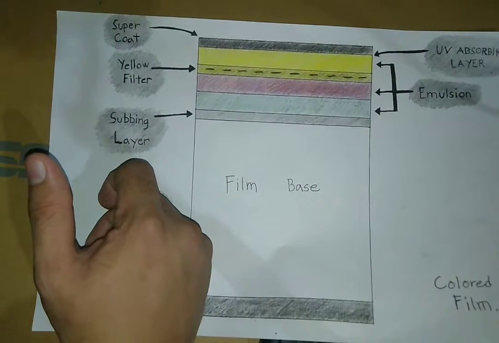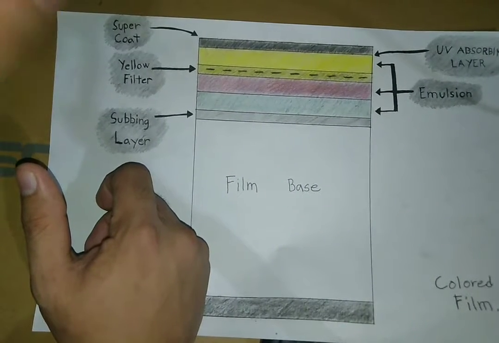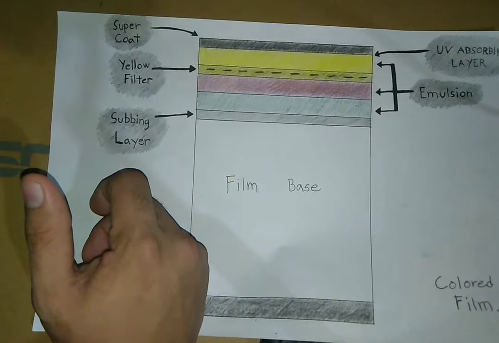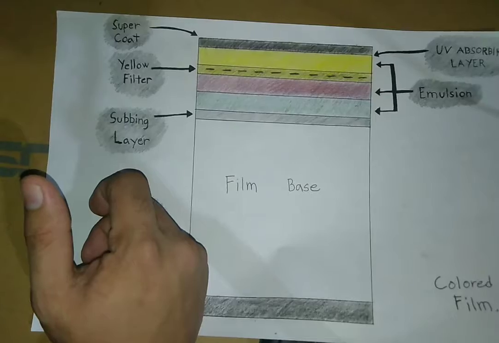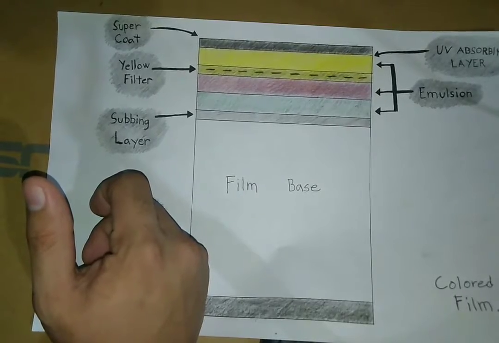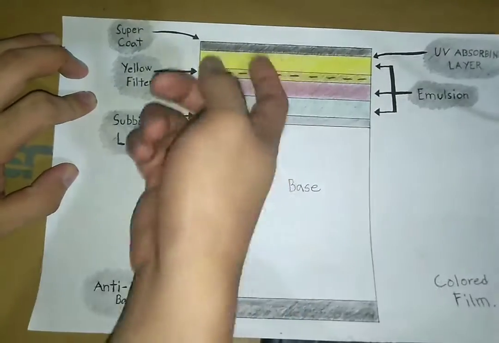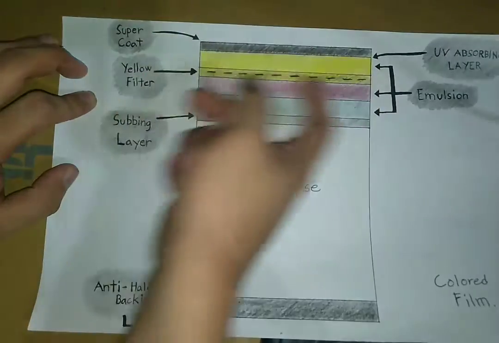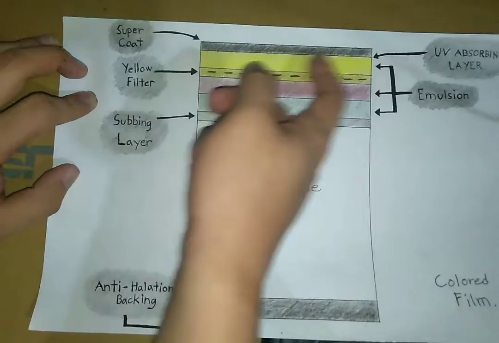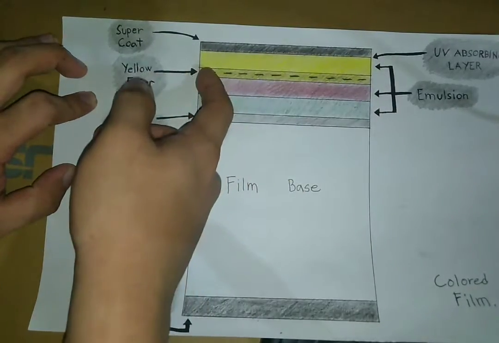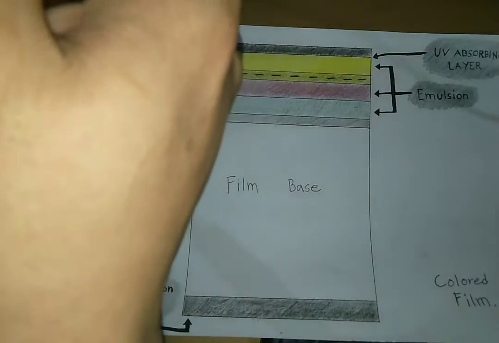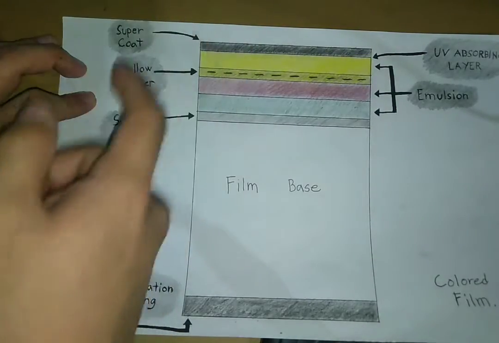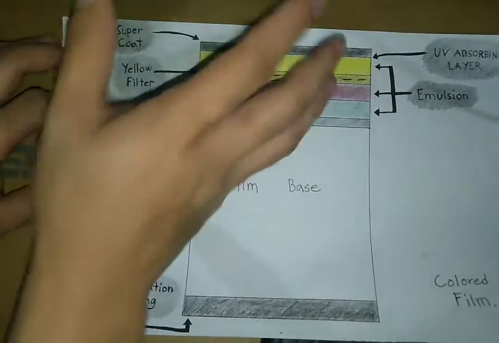This first emulsion layer contains a blue sensitive silver halide plus a yellow forming color coupler. The truth about this is that the blue sensitive silver halide turns out to be colored yellow.